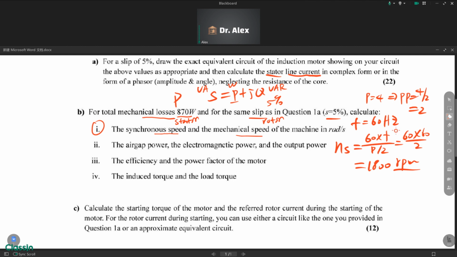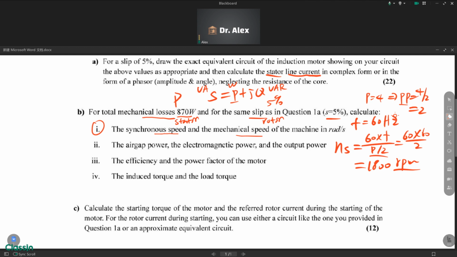So why shall we divide by the pole pair number? That's because, if we only have one pole pair, one revolution means it will turn the whole cycle, 2 pi or 360 degrees.